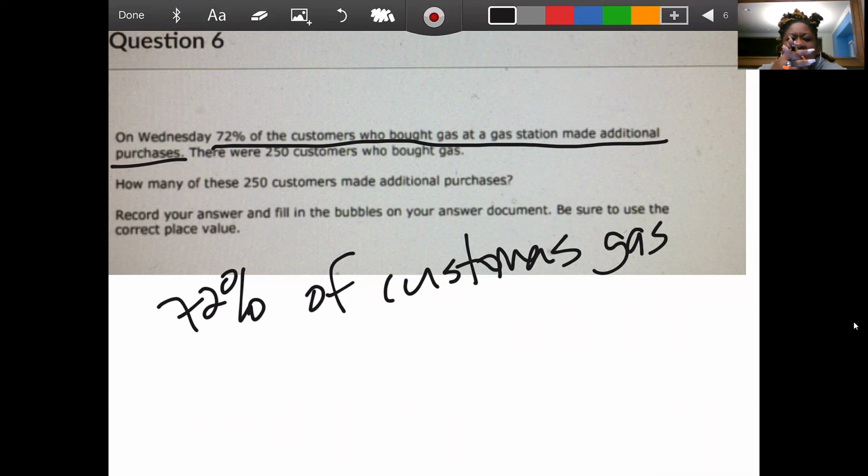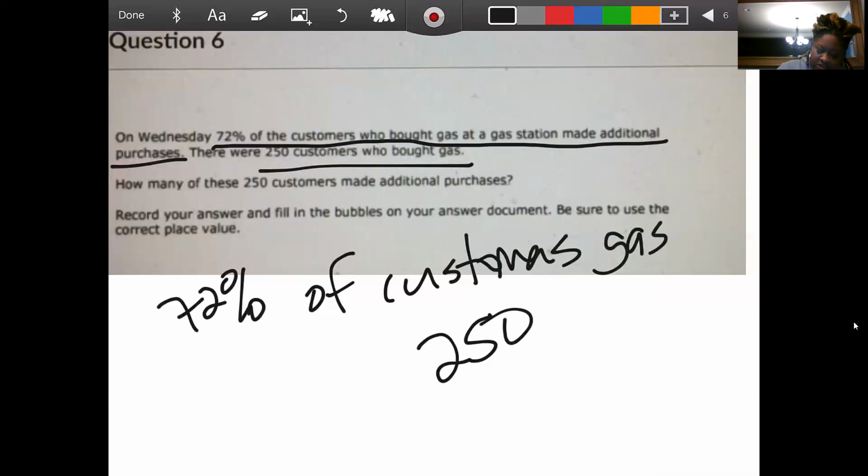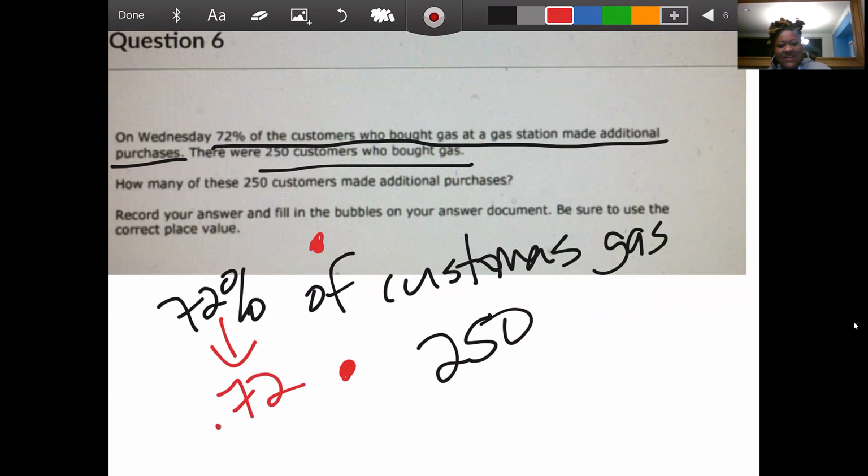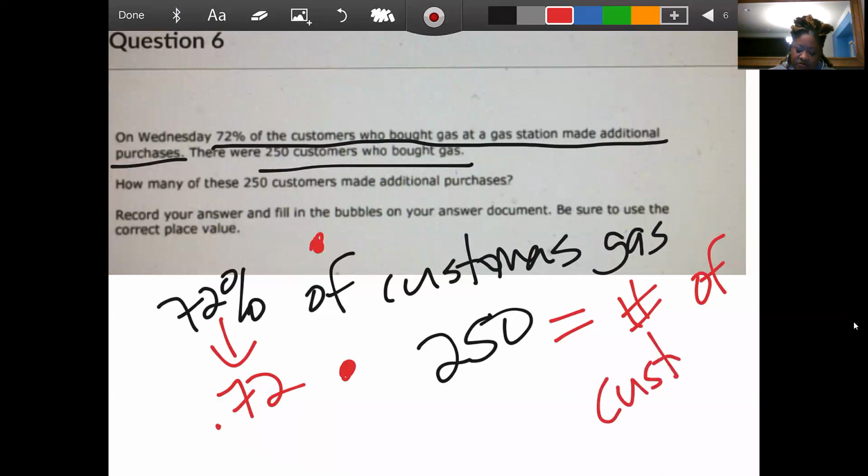But think about it like this. 72% of the customers. Well, do we know how many customers bought gas? Absolutely. It tells us right there. So remember the of is multiplication. And remember you have to convert the percent to a decimal. So 0.72 times 250. And that answer is going to give us the number of customers.